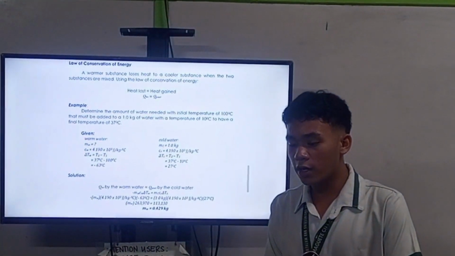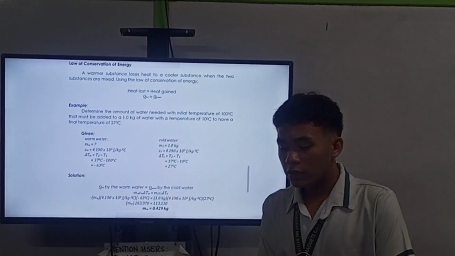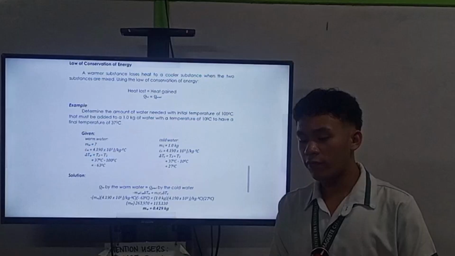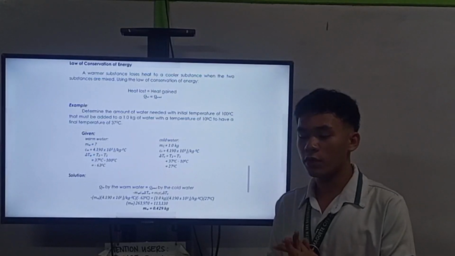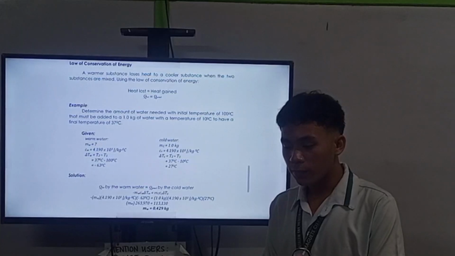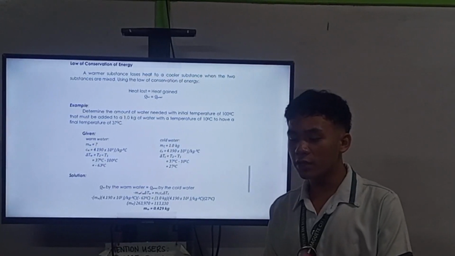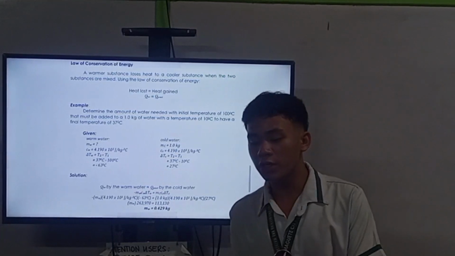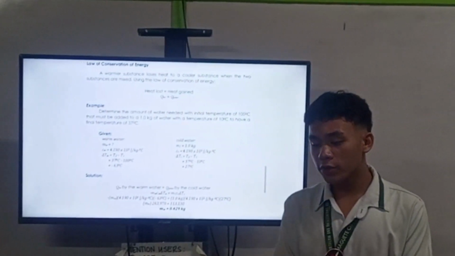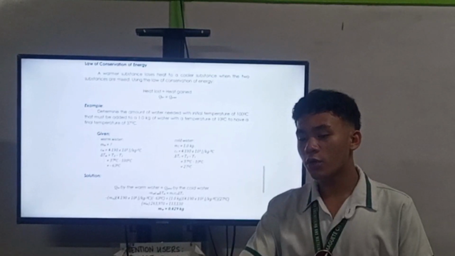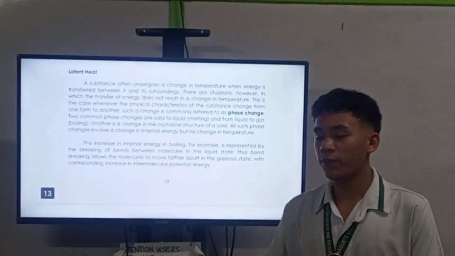So when we transpose the 263,970 to the left side, we are going to have a negative. So 113,130 divided by 263,970 is equal to 0.429 kilograms.